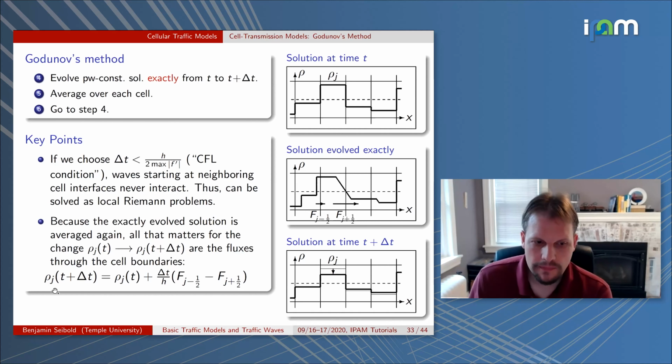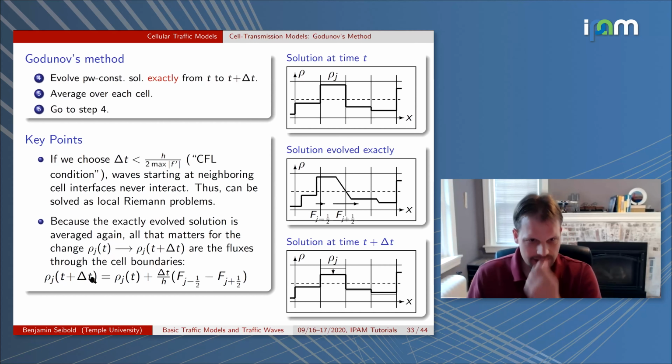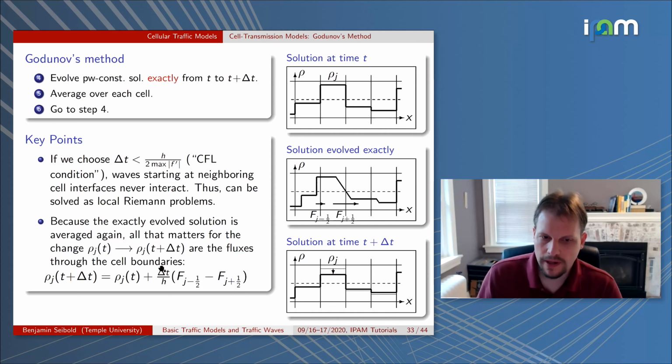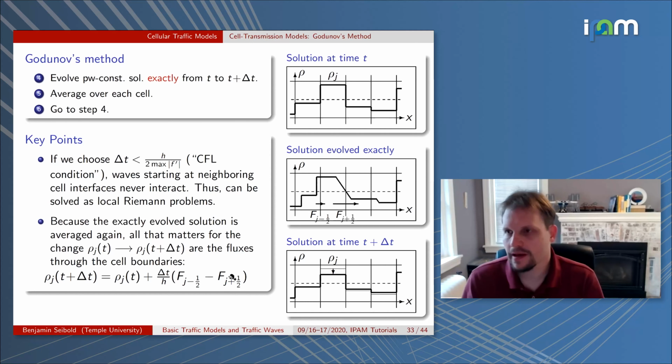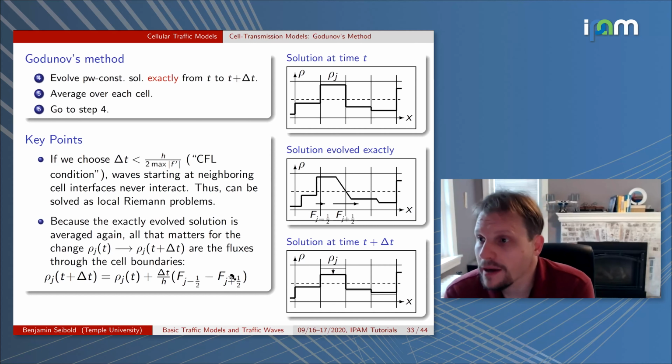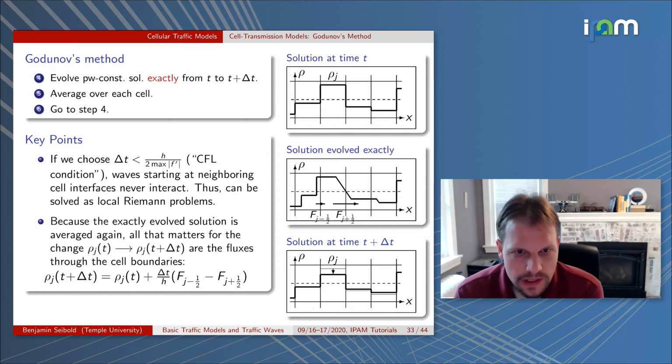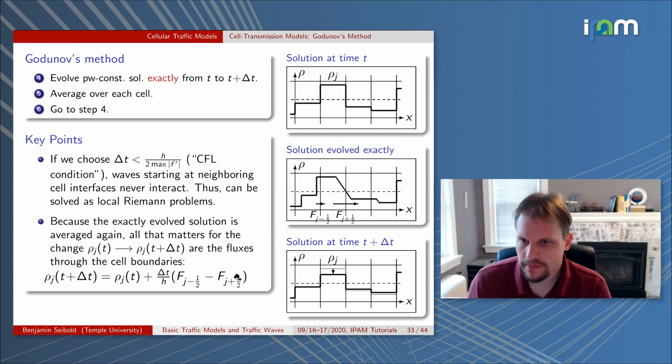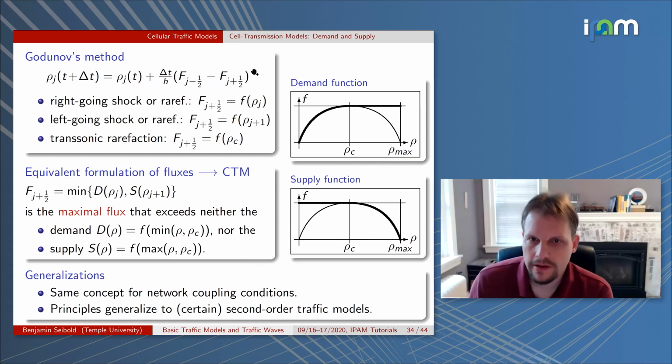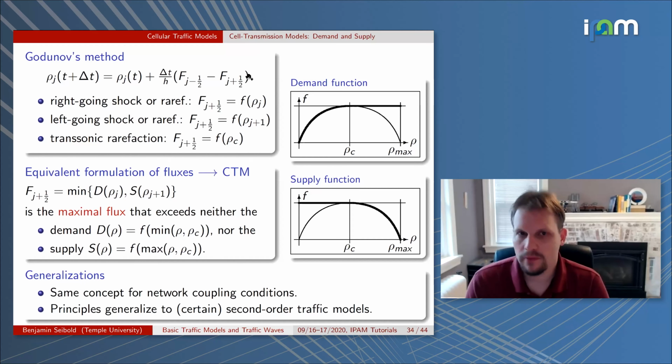And my total update rule, the density at cell j at time t plus delta t, is just changing by delta t over h times whatever the balance of the fluxes is, right? Influx minus outflux. And you see that resembles exactly how we derived the LWR model yesterday as being a conservation law. So all you need to understand is what these fluxes are, and these fluxes then depend on what your local Riemann problem is.